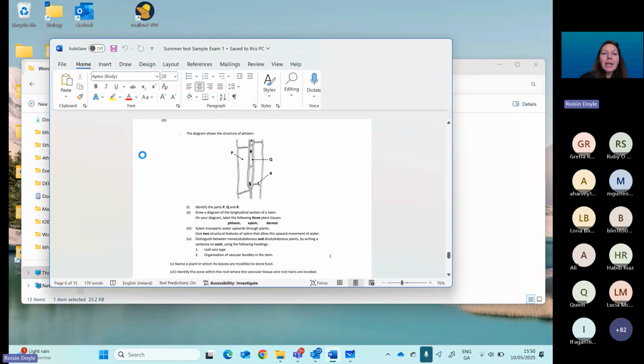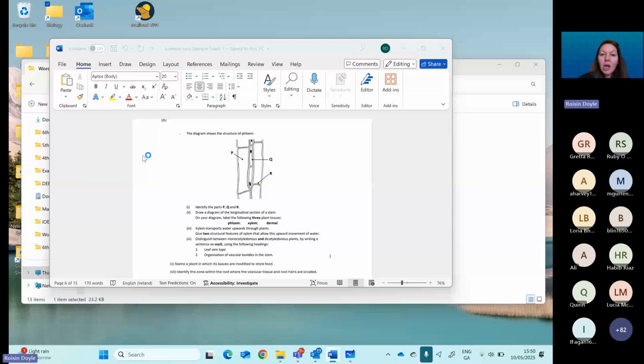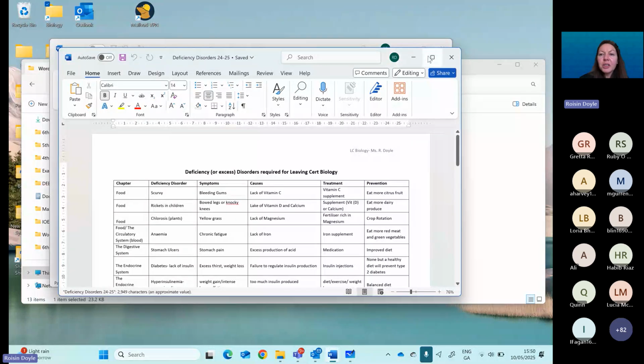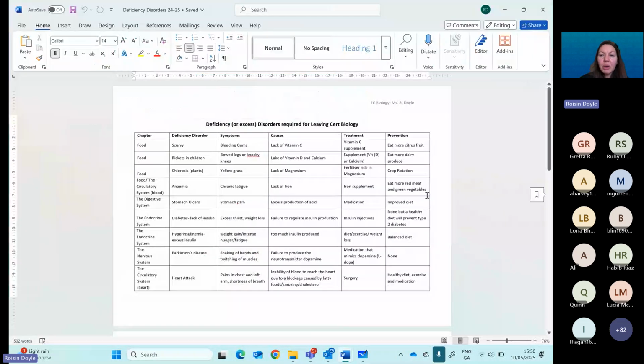So here is a list of all of the deficiency disorders that you would be required to know for Leaving Cert Biology. So for example, in the food chapter, you need to know a deficiency disorder for a lack of a water-soluble vitamin and a lack of a fat-soluble vitamin.